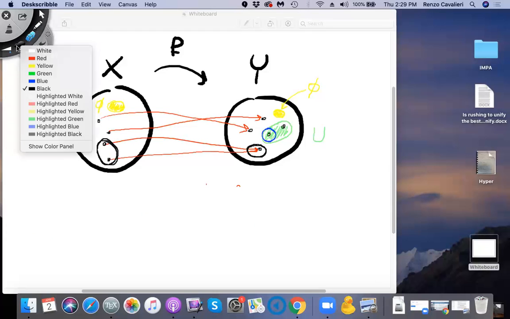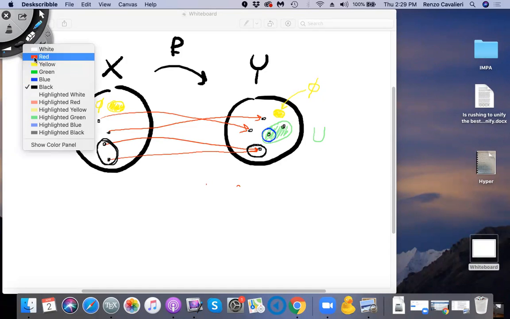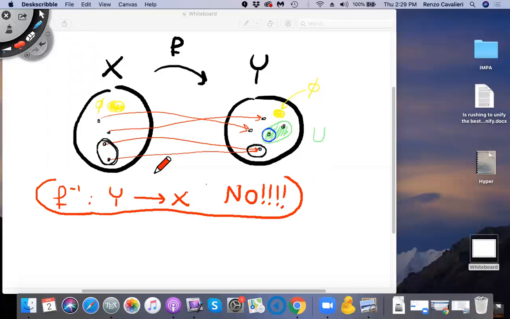So the inverse image is not a function from Y to X, because it does not assign to elements of Y elements of X, right?